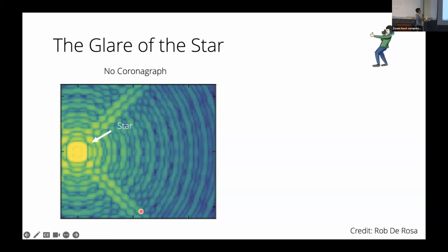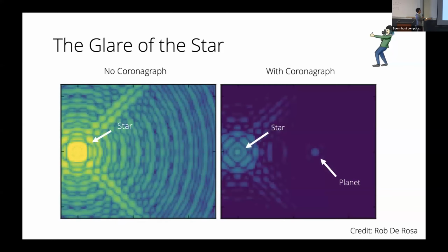Due to the pure quantum nature of light, the star interferes with itself and creates these diffraction ripples, and any faint planets we're trying to see are completely hidden underneath them. So we have to use optics called coronagraphs or similar starlight suppression techniques to block out and suppress the diffraction of the star so that we can actually see the planet.